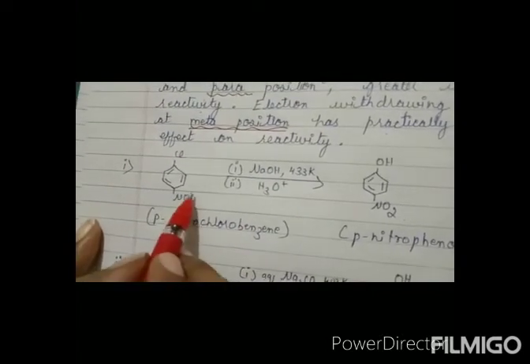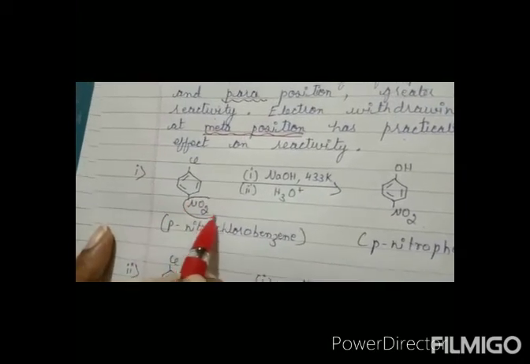The first example over here is of para-nitrochlorobenzene. Greater the number. So here we have one electron withdrawing group at which position? At para position. The condition required over here for the substitution reaction is a strong base, that is NaOH.